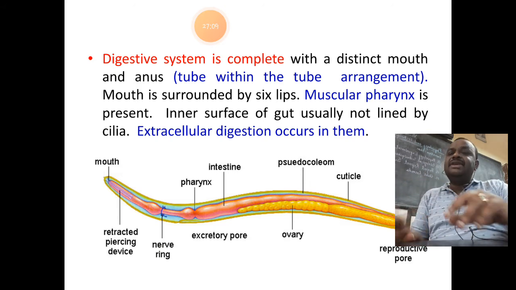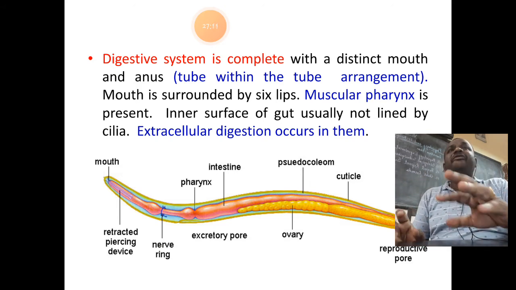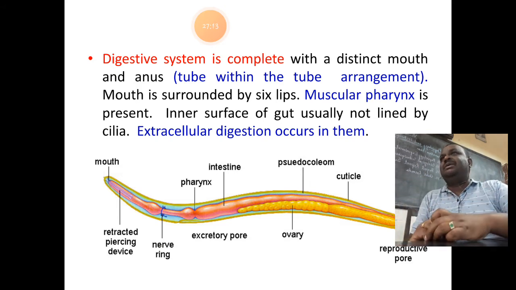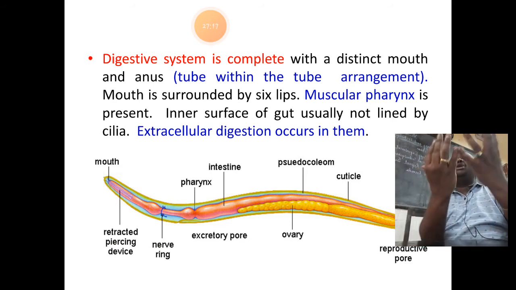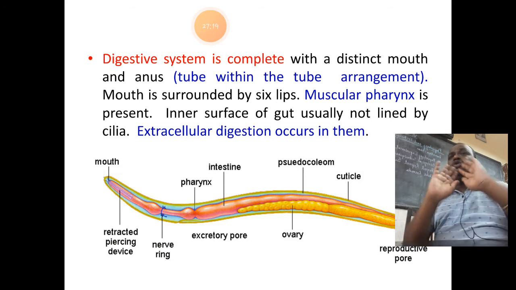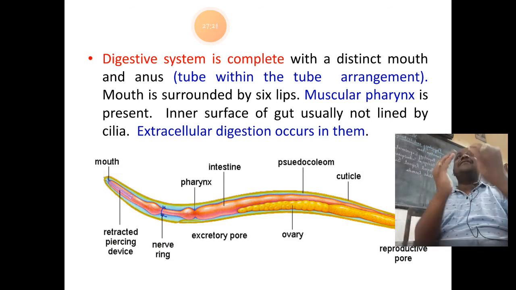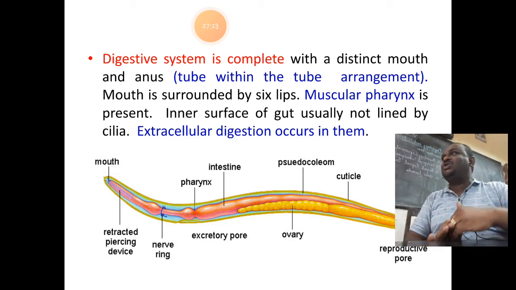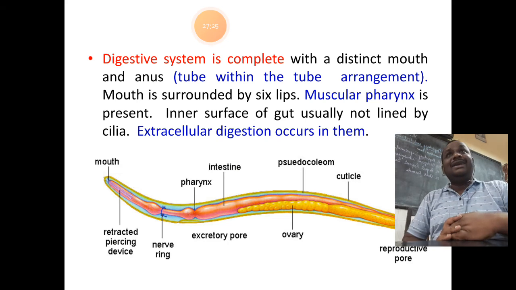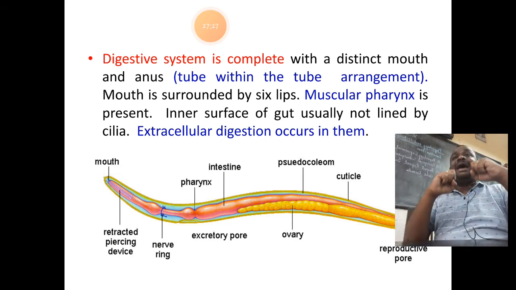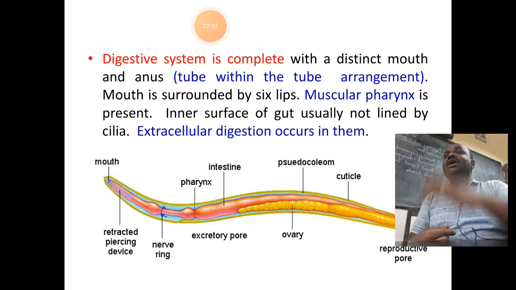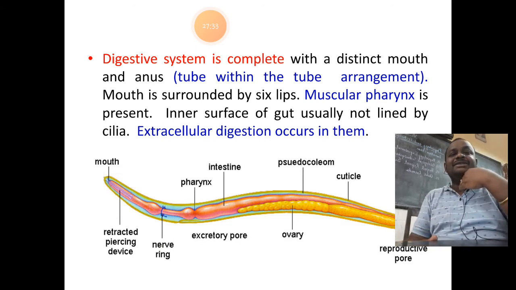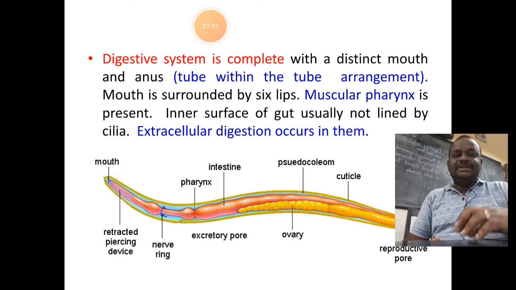The pharynx in the digestive system of nematodes is very special, because it is made up of a very huge number of muscles. So, a muscular pharynx is another characteristic feature of nematodes, indicating the higher activity of the pharynx. So, behind the mouth is the pharynx, behind the pharynx lies the gut or the intestine.